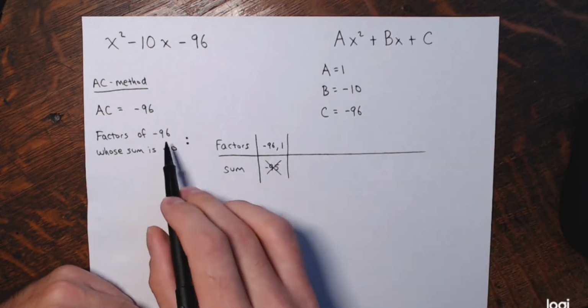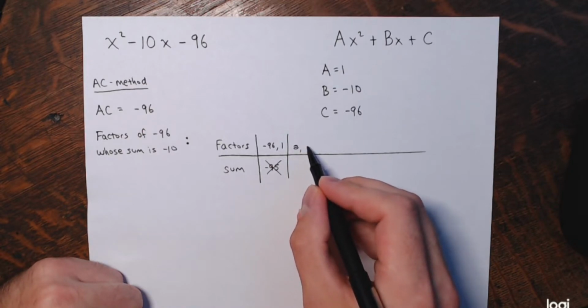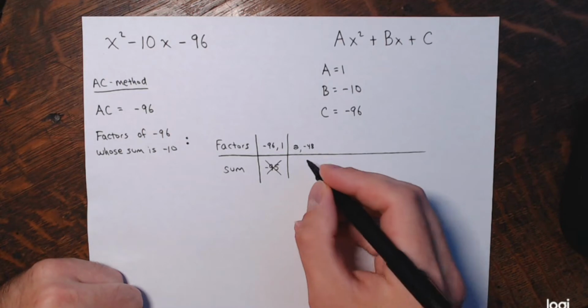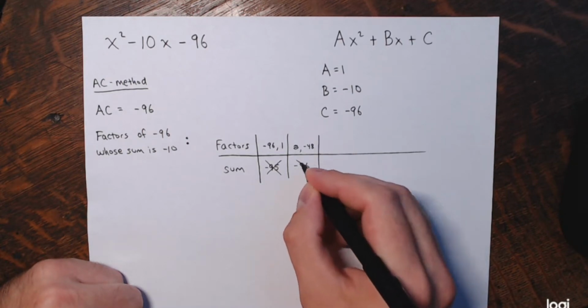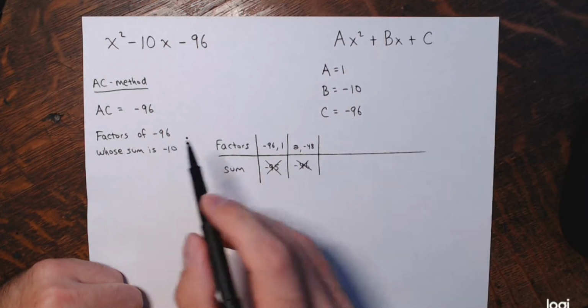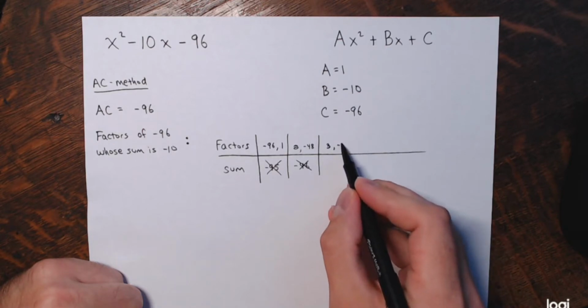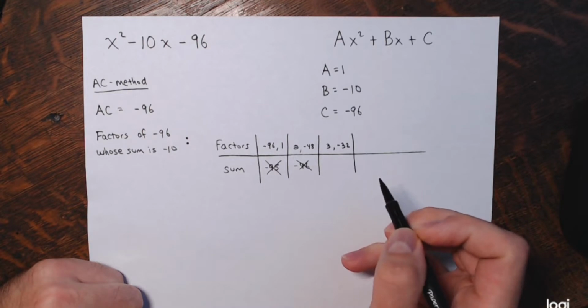Then 2 goes into this. This is 2 times negative 48. It would make negative 96, and those add up to negative 46. Still no good, but we're getting closer to negative 10. 3 goes into this, right? 3 times negative 32 would be negative 96.